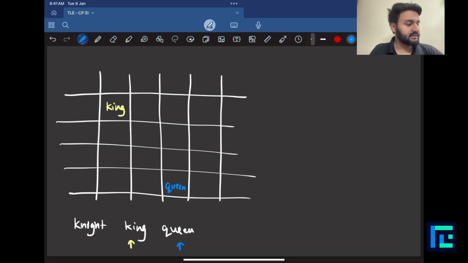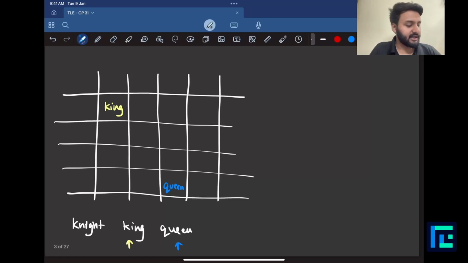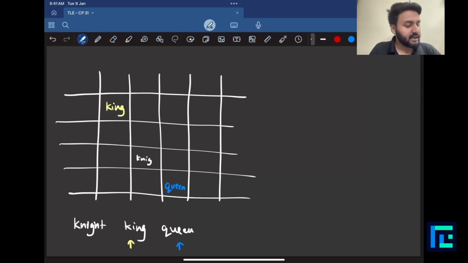Now, what they are saying is, if you're familiar with chess, what happens when a knight moves is, basically, let's say this is my knight over here, then my knight moves in such a way that it moves two jumps in one direction and then one jump in the other direction. So maybe it moves something like this, 1, 2 and then 3.